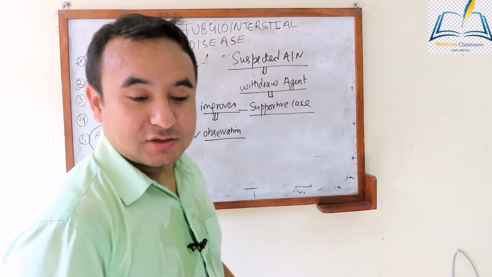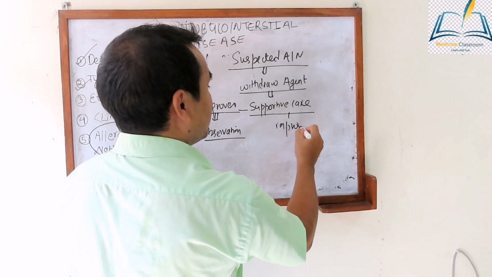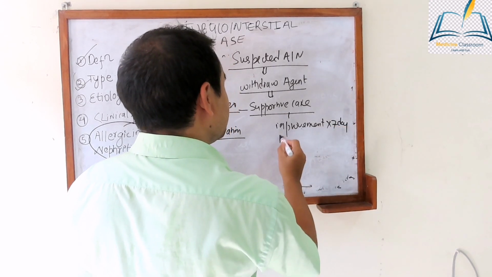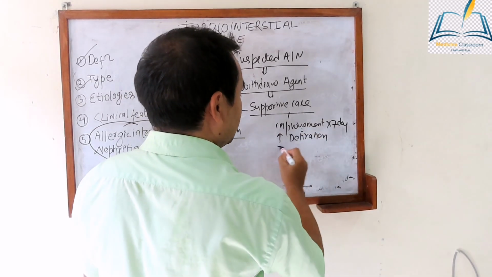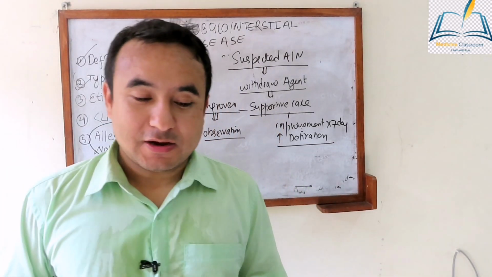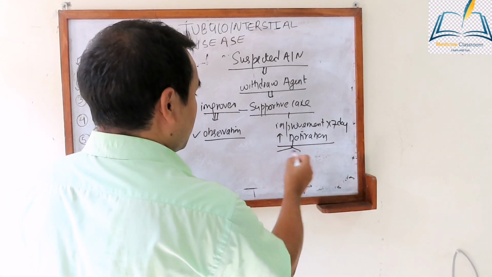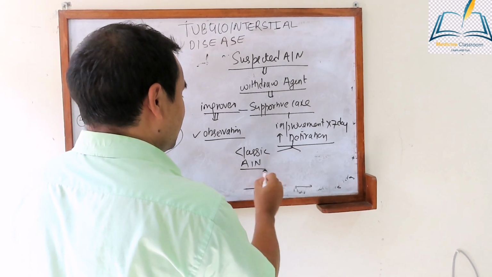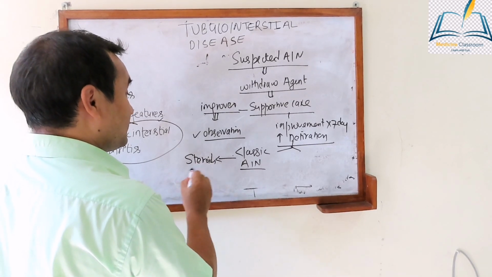But with supportive care, if there is no improvement even after observing for 7 days, or rather there is a deterioration, then if there are features of classic AIN like rash and eosinophilia, you have to give steroids for a short period of time.